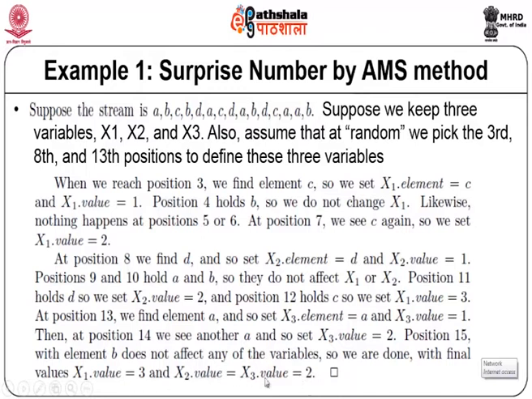Now, with the help of these values 3, 2 and 2, you can calculate the surprise number using the same equation, which will be equal to 3 square plus 2 square plus 2 square, which is 9 plus 4 plus 4, which is 17. So, the surprise number for these three variables will be equal to 17.